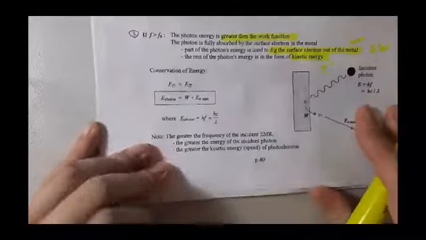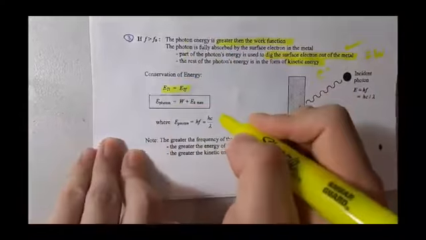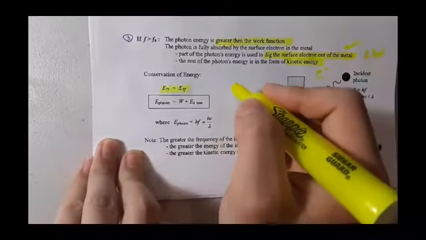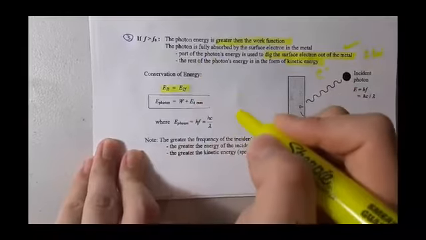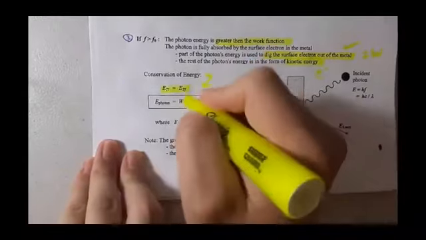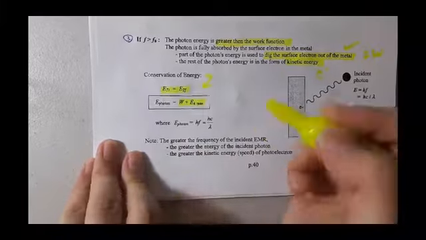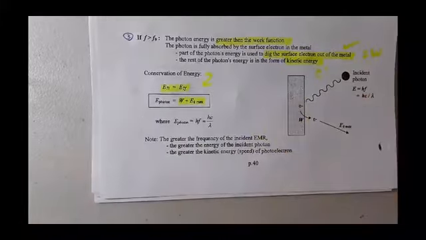So from a conservation of energy perspective, I can say my total energy initially should be equal to my final total energy. Conservation of energy, of course, which correlates to my dot point over here. On the right side, I have W plus EK, and you guys know the formula for this one.